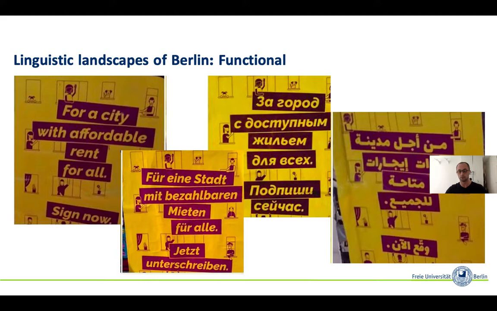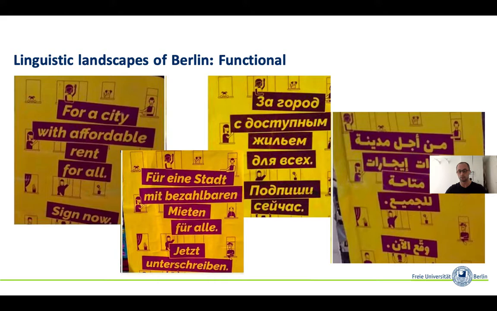Here, these are the posters from the Deutsche Wohnen enteignen campaign, right? Their posters are in different languages, and you have one in English, one in German, one in Russian, one in Arabic, and there's also one in Turkish that I don't have on that slide.